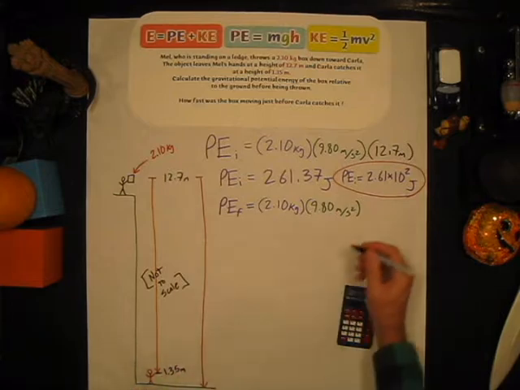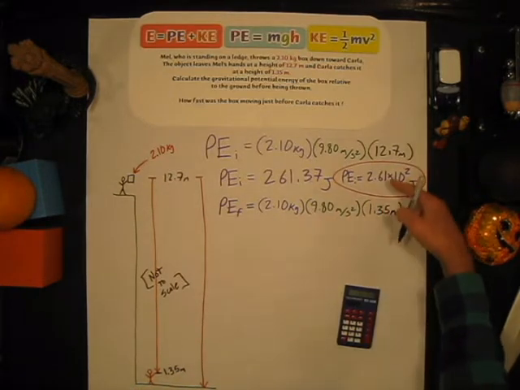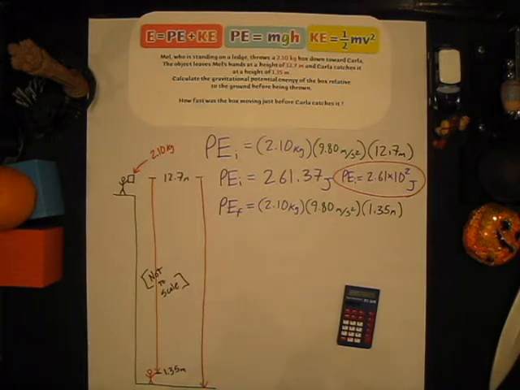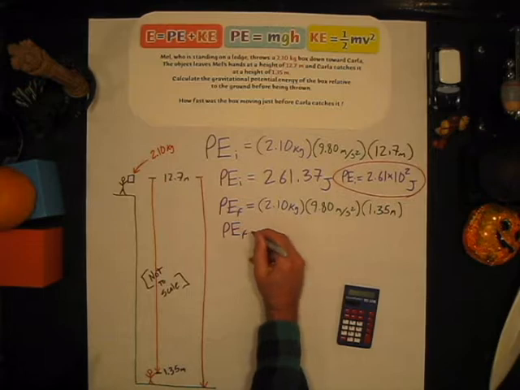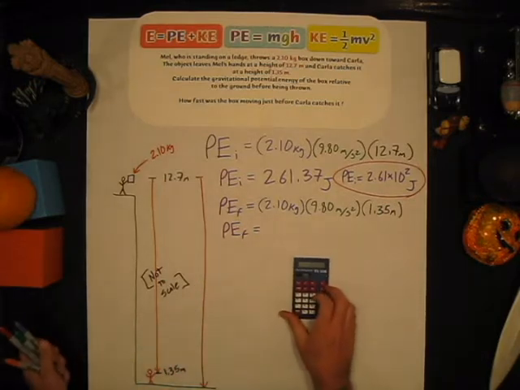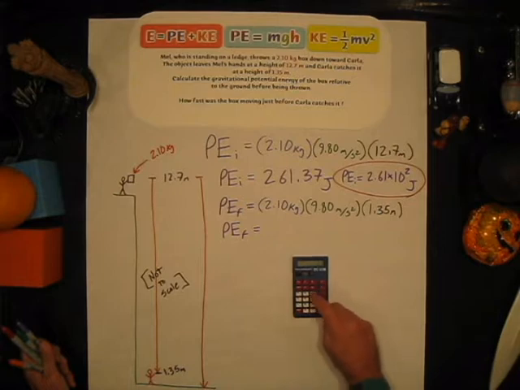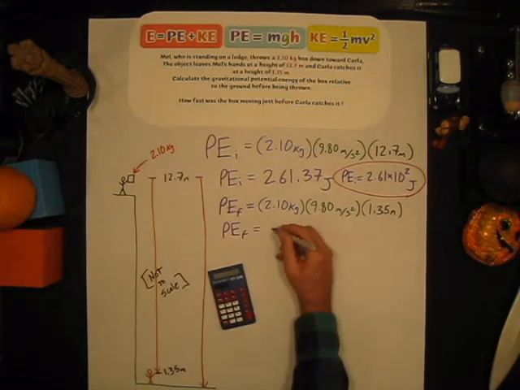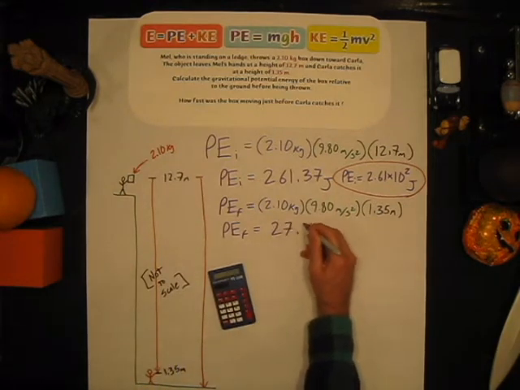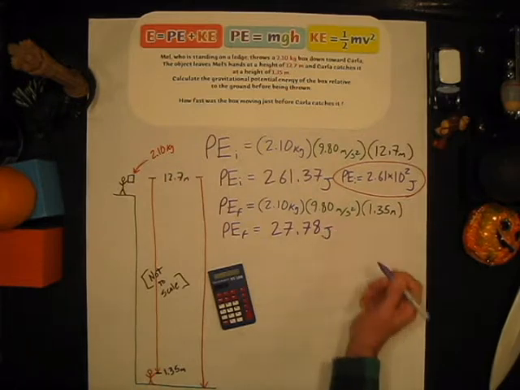But the new height is 1.35 meters. That is a lot less. So my potential energy final is equal to 2.1 times 9.8 times 1.35 equals, and what we get is 27.78 joules.